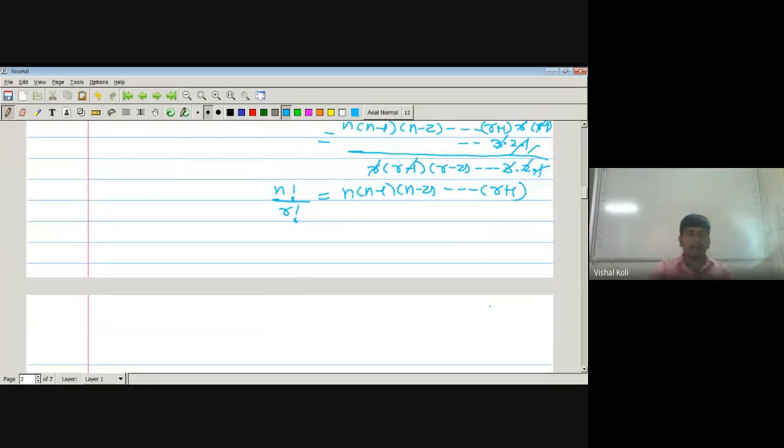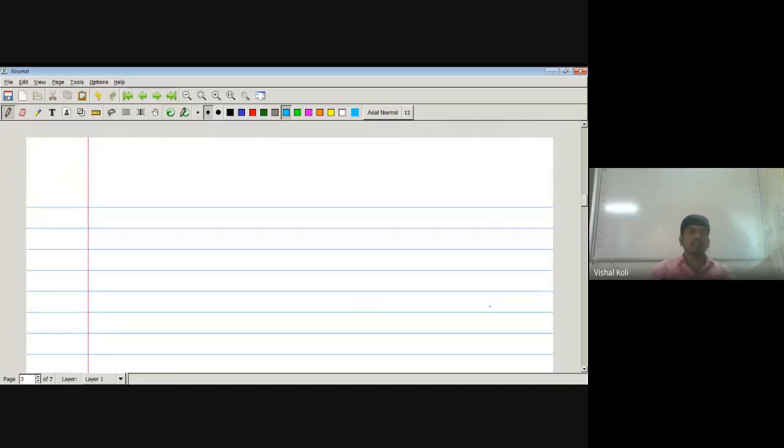Similarly, n factorial divided by n minus r factorial is nothing but n into n minus 1, n minus 2.